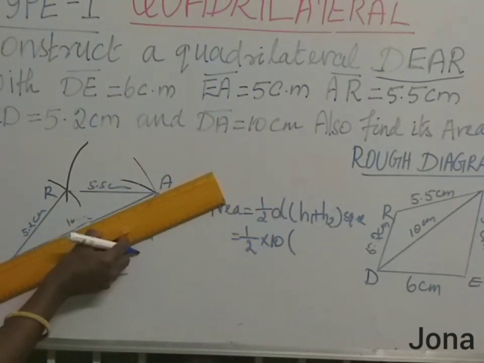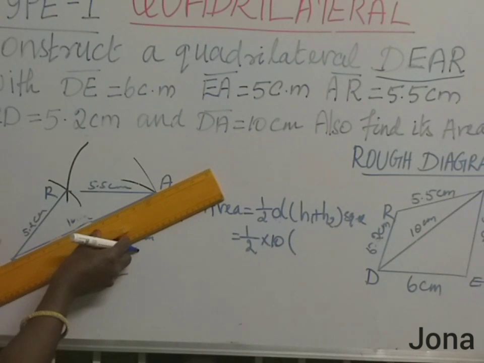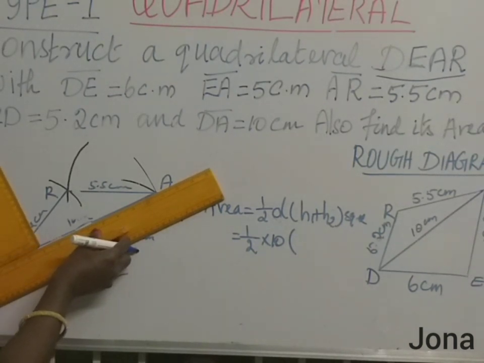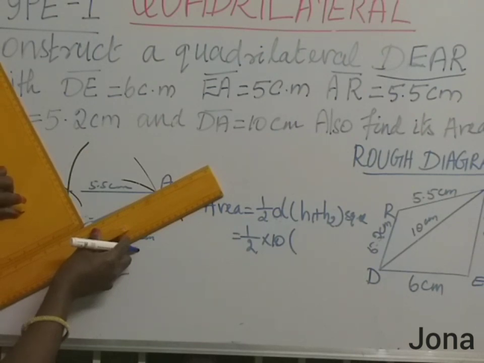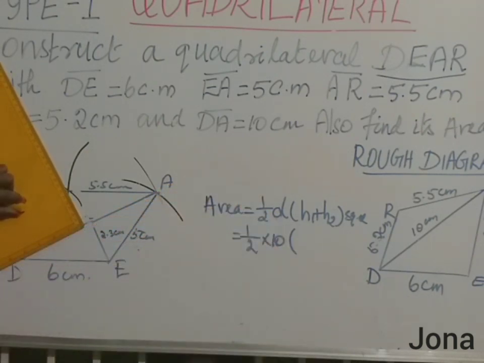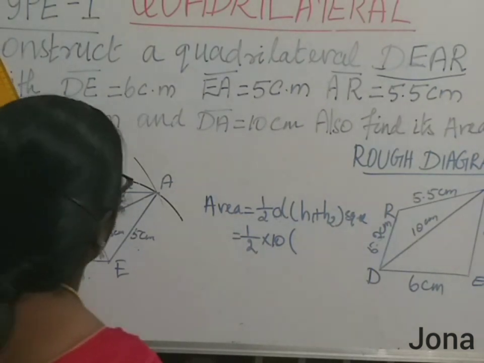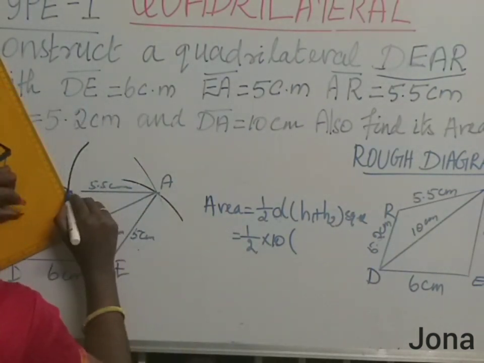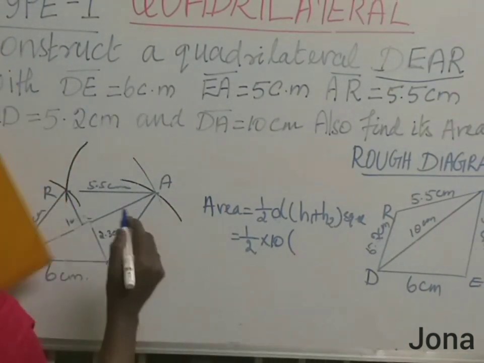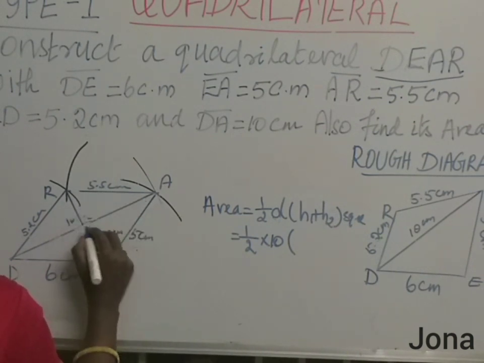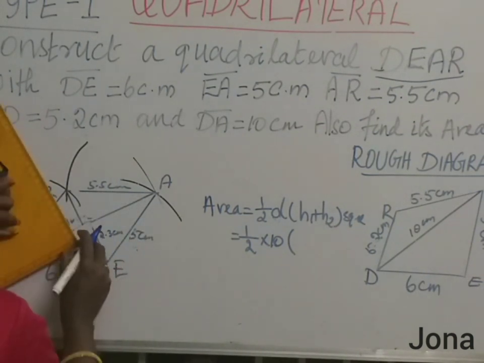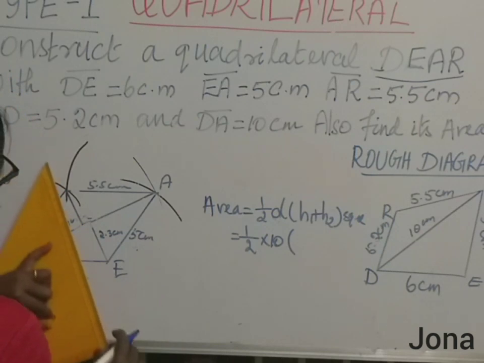Keep the scale here, and I have to keep the set square like this, and move it a little bit towards the vertex. So now I can get the vertex of that perpendicular line. This is the H2, which we have to measure.